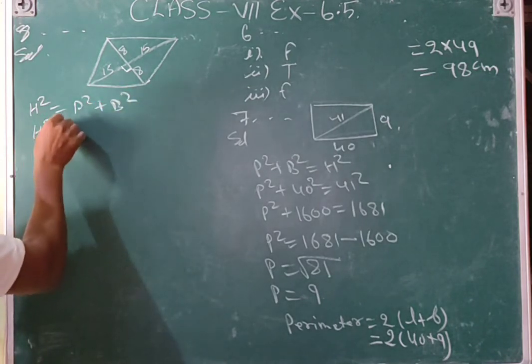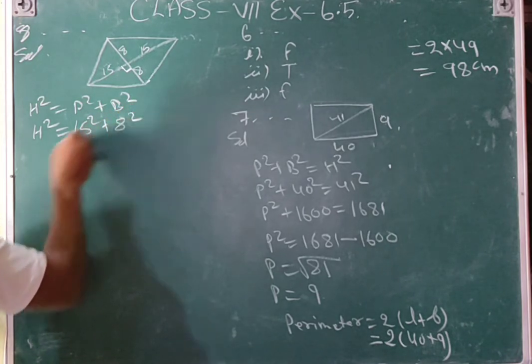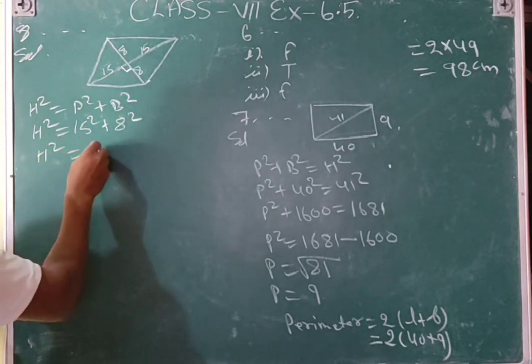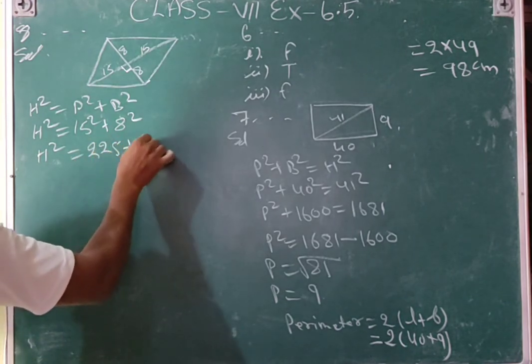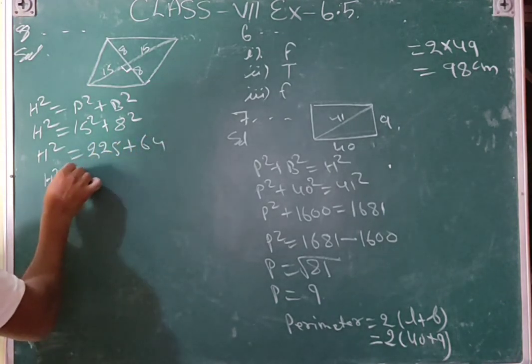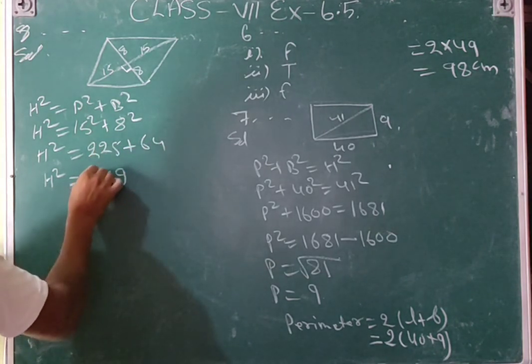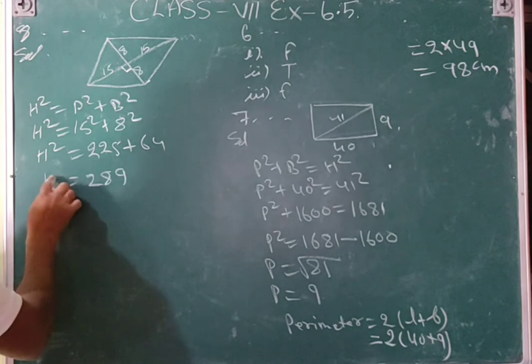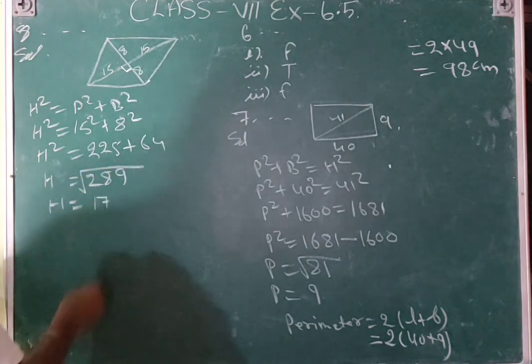So hypo square is equal to 15 square plus 8 square. So hypo square is equal to 15 15s are 225 plus 8 8s are 64. H square is equal to 289. So we can reduce this one also. So H is equal to 17.